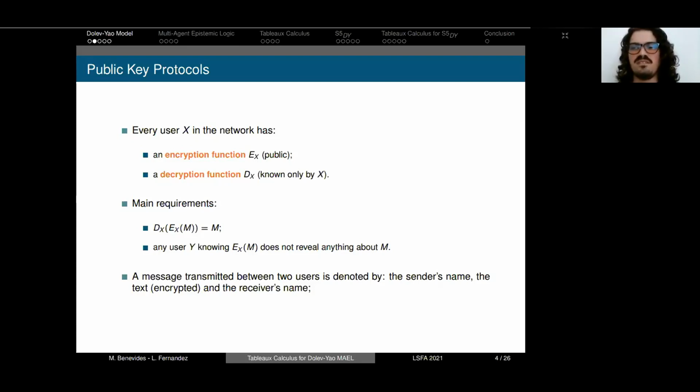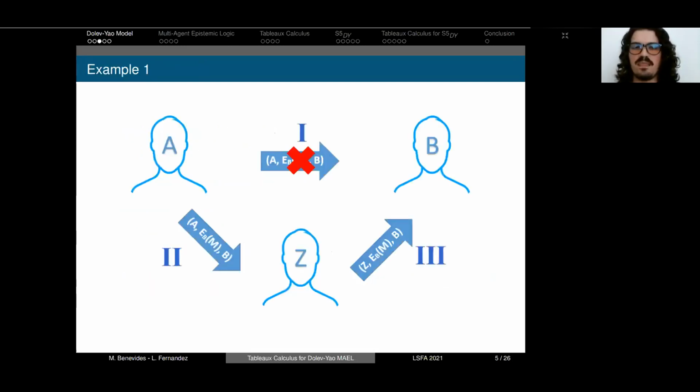So next we have an example, and we will denote the transmitted message by the sender's name, the encrypted message, and the receiver's name. And let's consider that a user always replies a message to the user that sent him the message. So here you can see that in the first moment, user A was trying to send a message to user B. But user Z, that is an intruder in this communication, intercepts that message and simply sends the same message to B again.